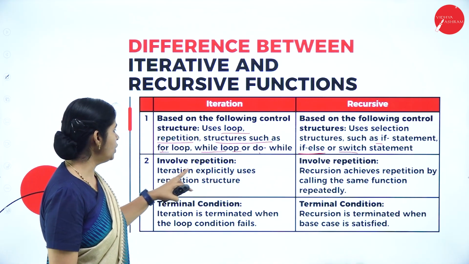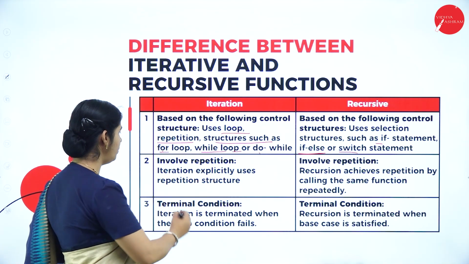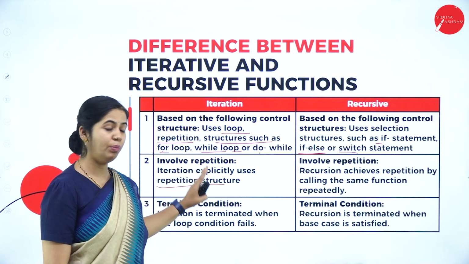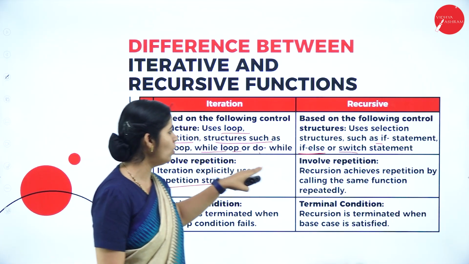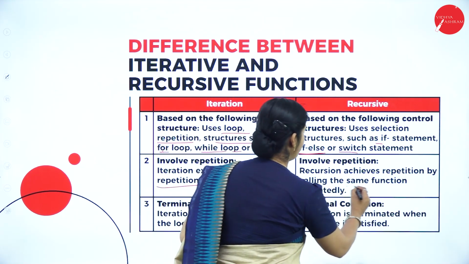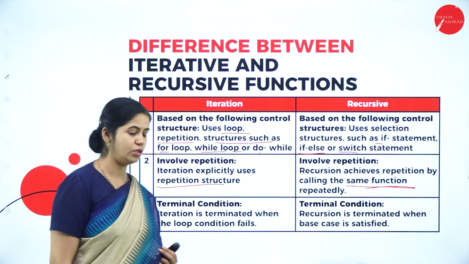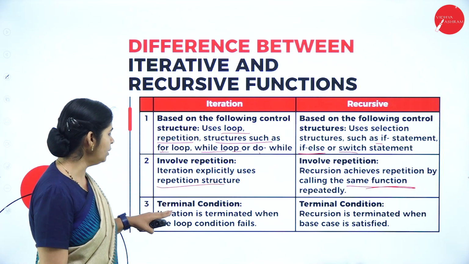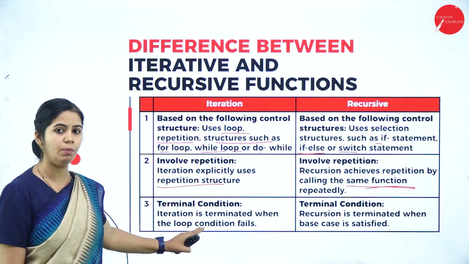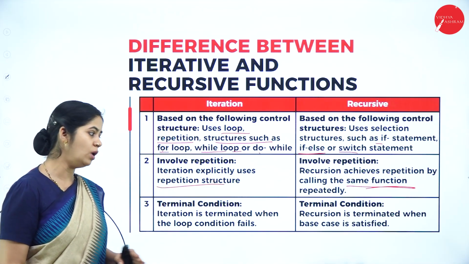Iteration explicitly uses the repetition structures given above, and recursion achieves the repetition by calling itself, the same function. Then the terminal condition: if the looping condition fails in the iteration method, it terminates and comes out of the loop.